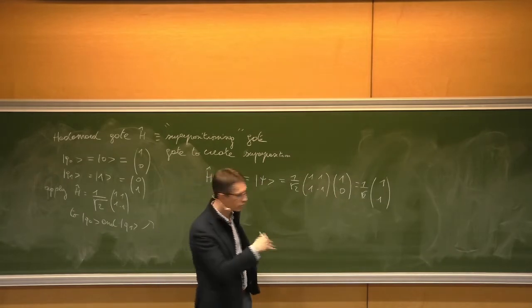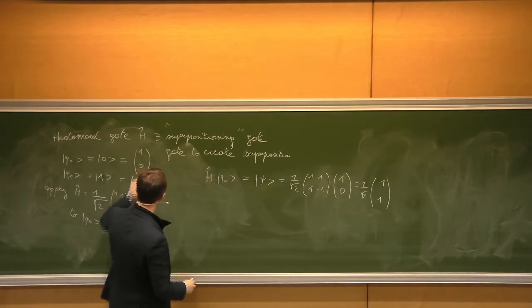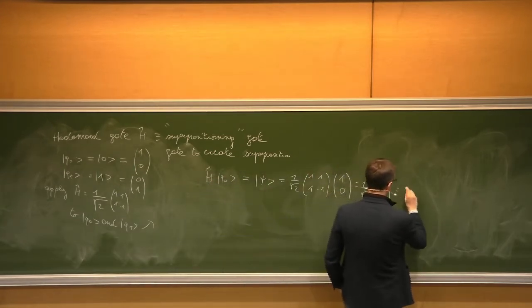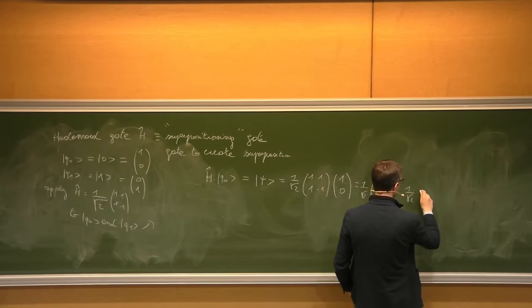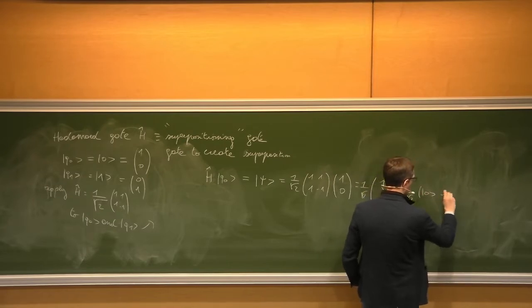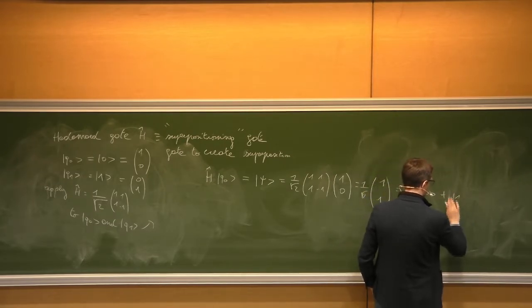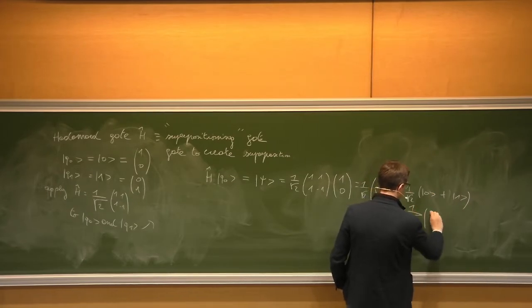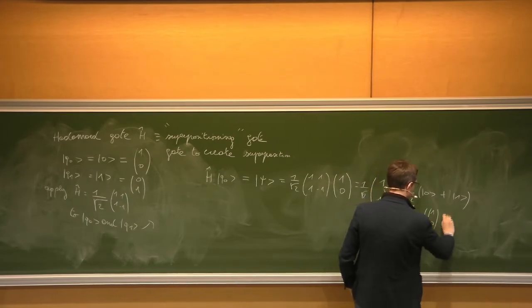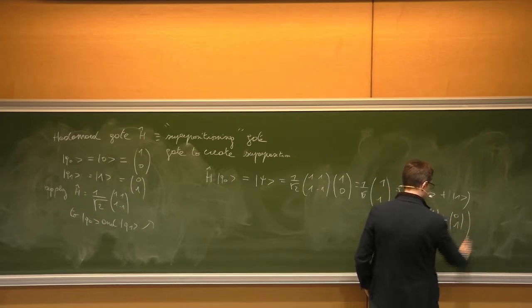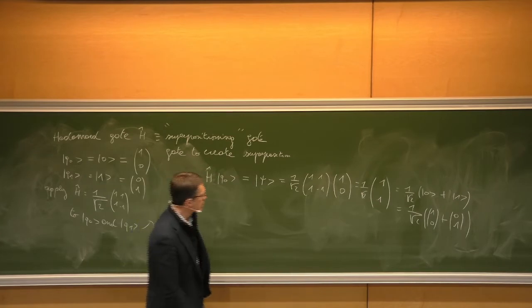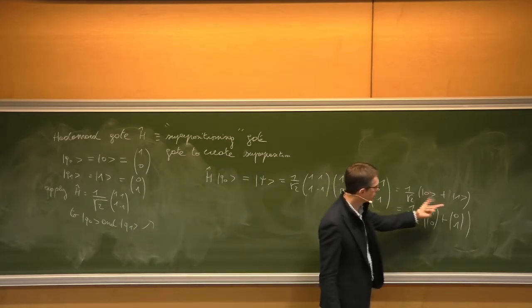And if I write that back into a basis vector 0 and 1, what I have is 1 over square root of 2, times (1, 0) plus (0, 1). Okay, so that is my psi.